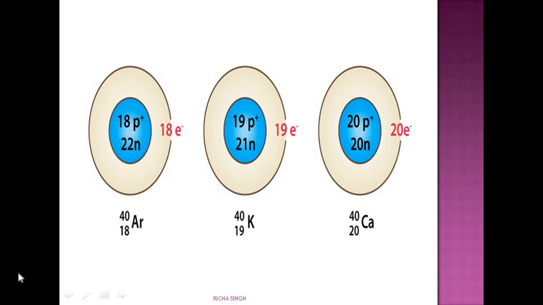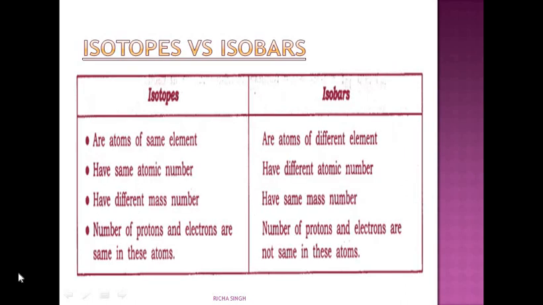So we conclude here that they have the same mass numbers but different atomic numbers. Isobars are always of different elements. They cannot be of the same element, and thus they have different physical and chemical properties.